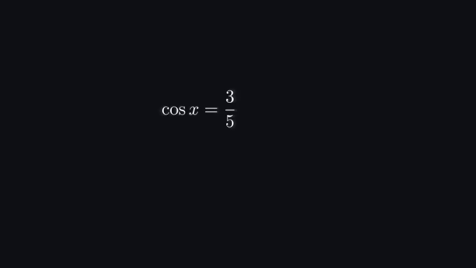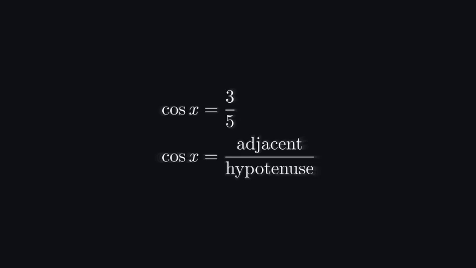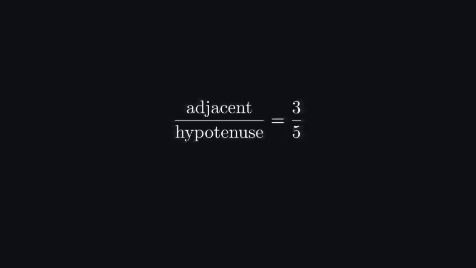Cos of x equals 3 over 5. Cos of x equals adjacent over hypotenuse. Adjacent over hypotenuse equals 3 over 5. Adjacent equals 3.